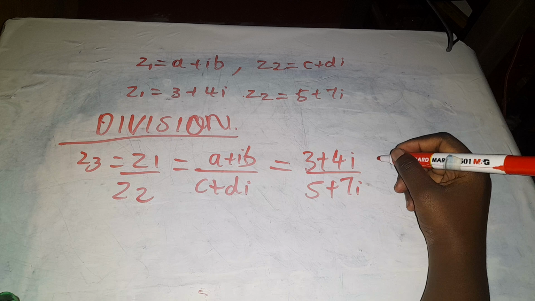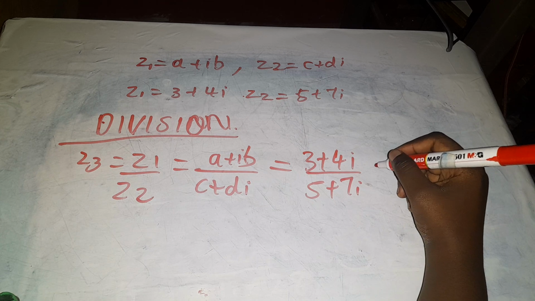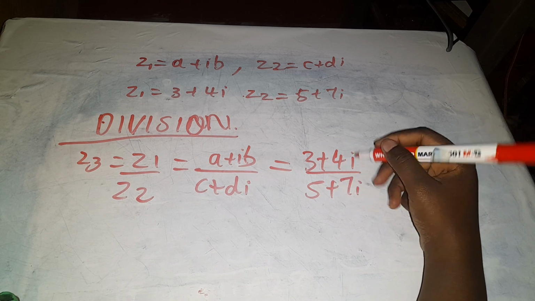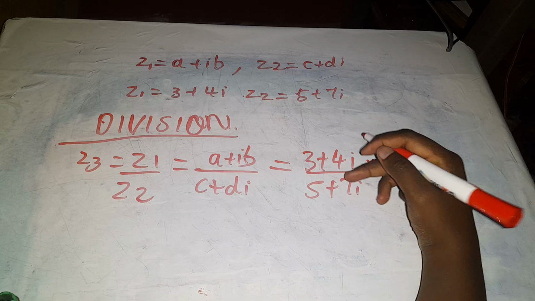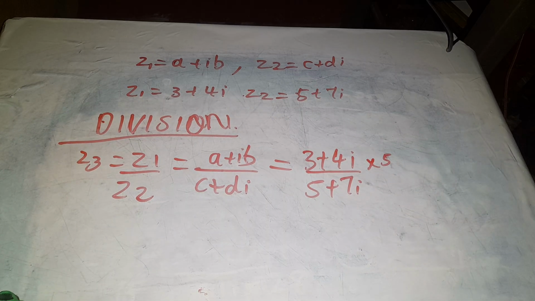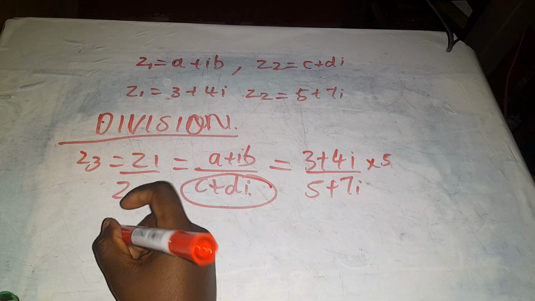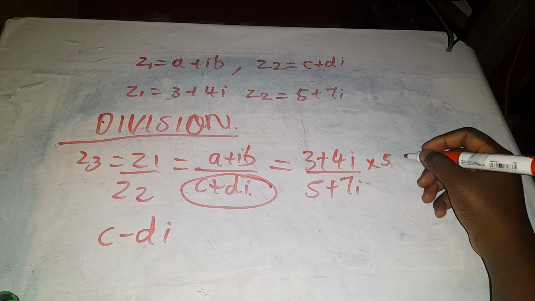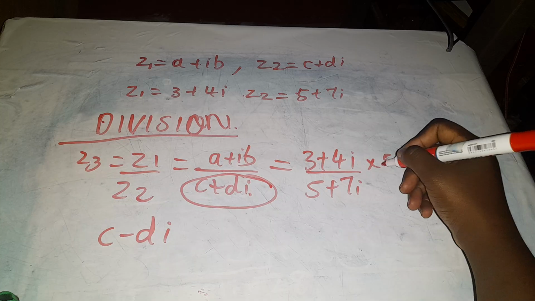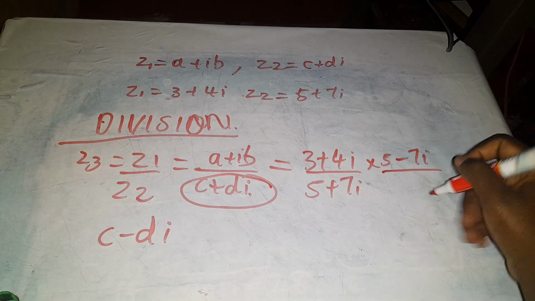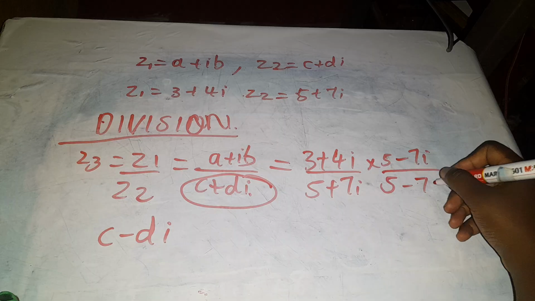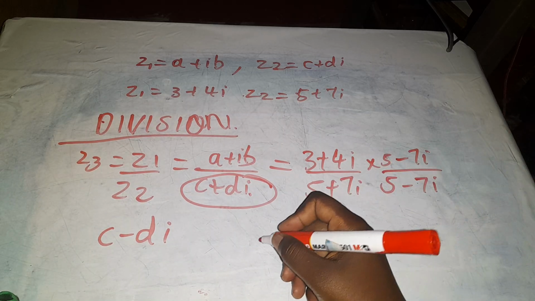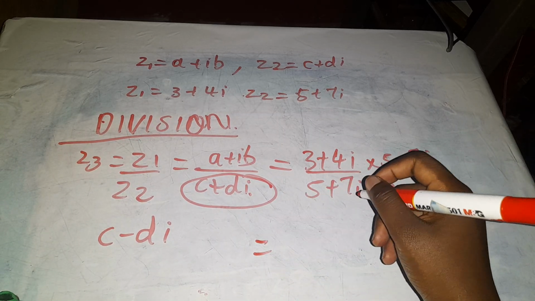So you're going to multiply the entire thing with the conjugate of this, c minus di. So in this case we're going to multiply the numerator and the denominator with 5 minus 7i, and then you're going to open your brackets.